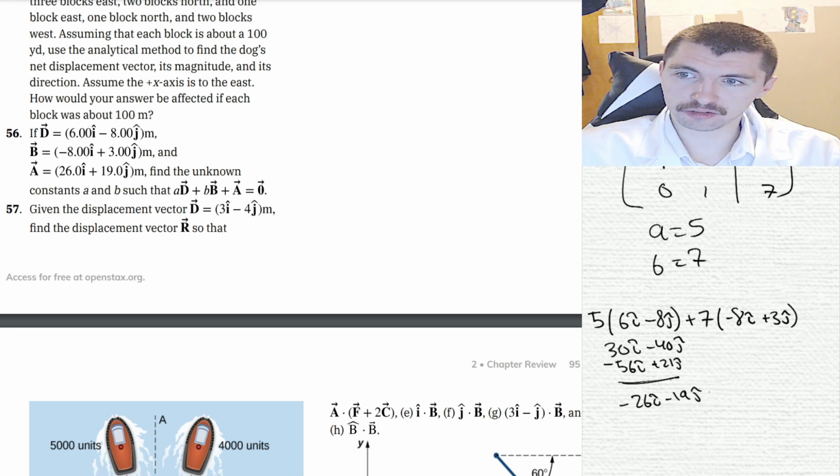And if we add them, plus 26i plus 19j equals 0.